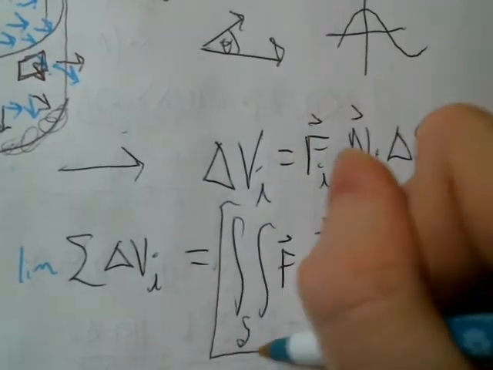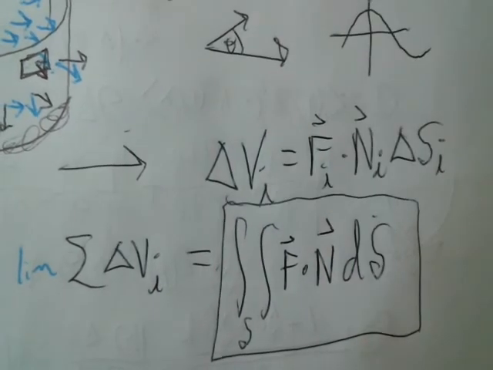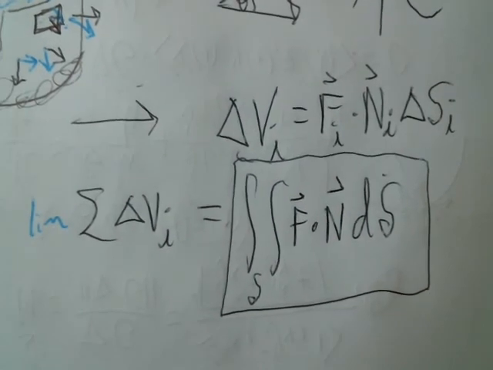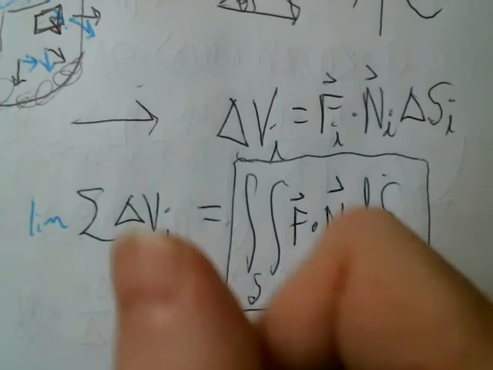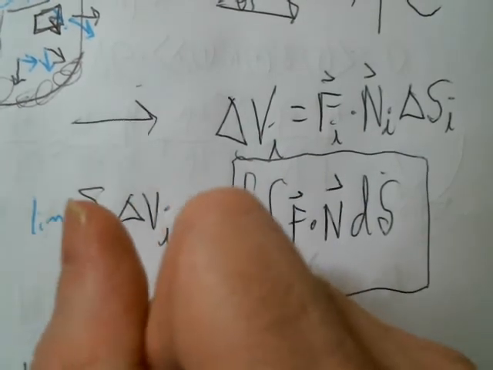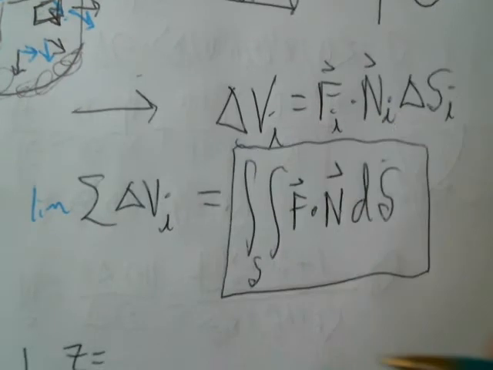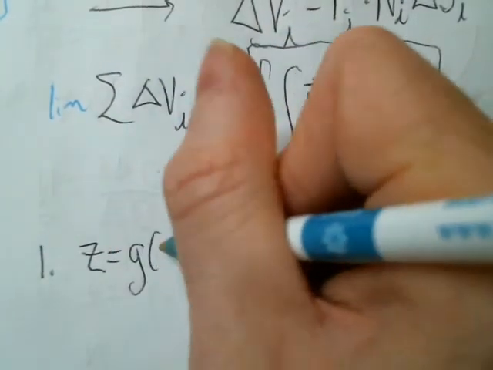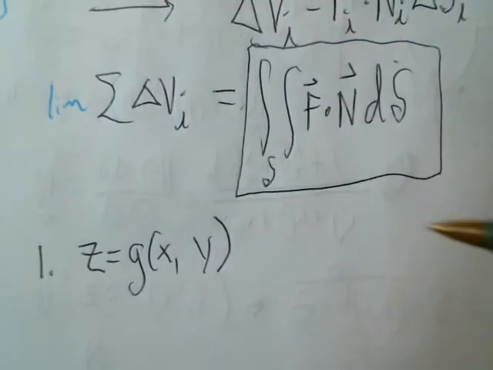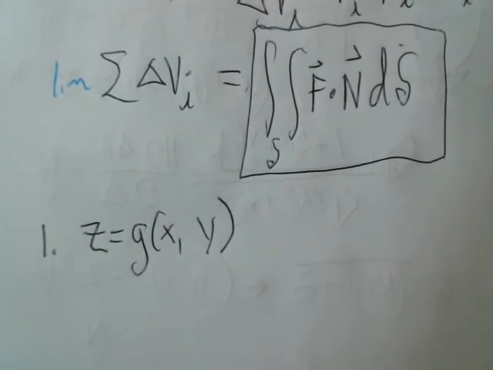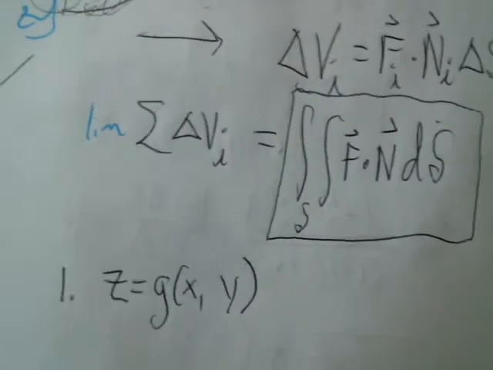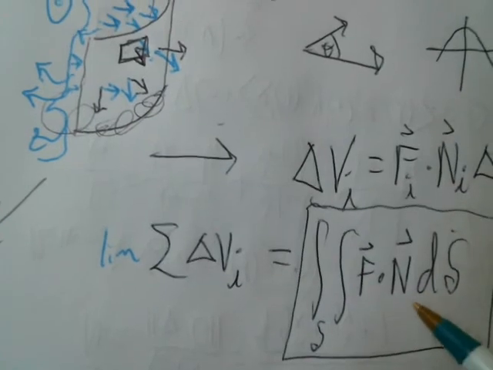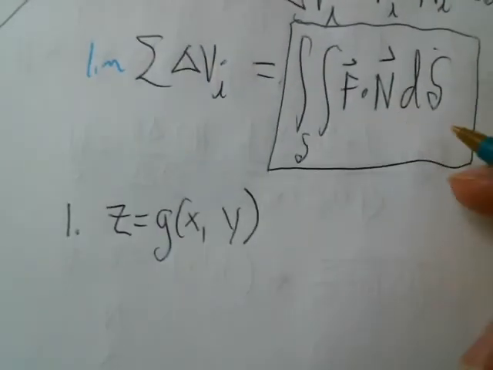And this is the flux integral. All righty then. We'll have, again, 2 versions of it. So the first version is when z, the surface, is given as a function of x and y. Okay, and in that case, we'll use our orientation formulas to rewrite n. Okay, and there's a nice cancellation that happens.